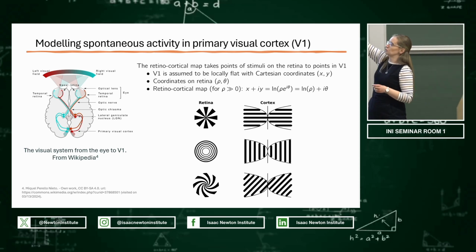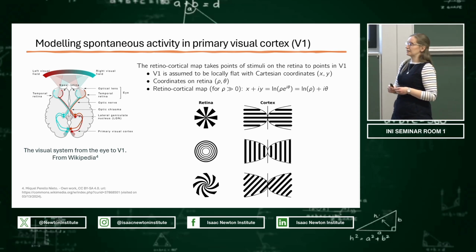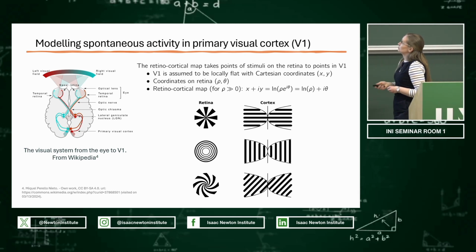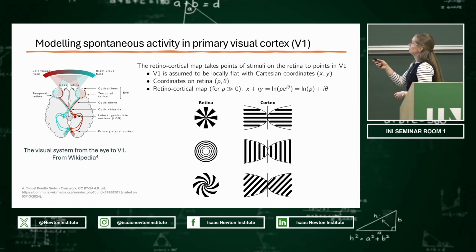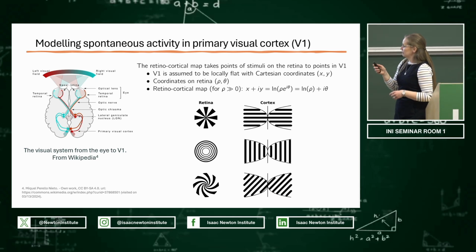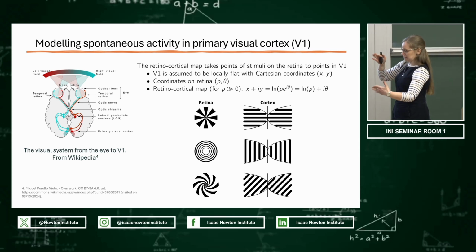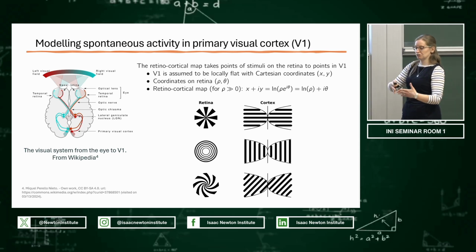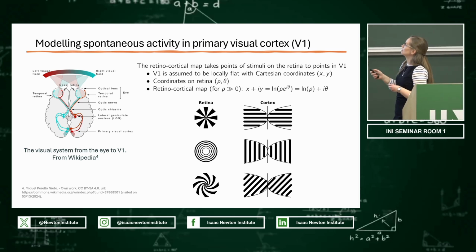But the mapping from what you see on the retina to what you perceive in cortex is this nonlinear mapping, which away from central vision, away from the fovea, you can take to be this complex logarithm. So we're going to take Cartesian coordinates in cortex, and we've got polar coordinates for the retina.